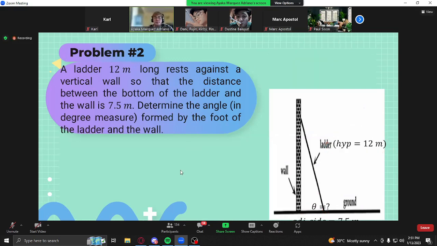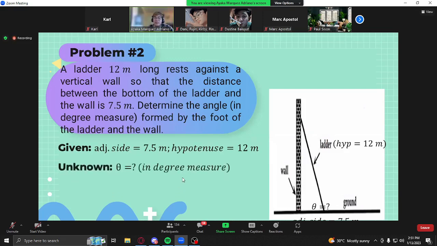So, for our given, the adjacent side is 7.5 meters and the hypotenuse is 12 meters. For the unknown, we are looking for the missing angle, theta, in degree measure. So for the formula, we have cosine theta is equal to adjacent side over hypotenuse.